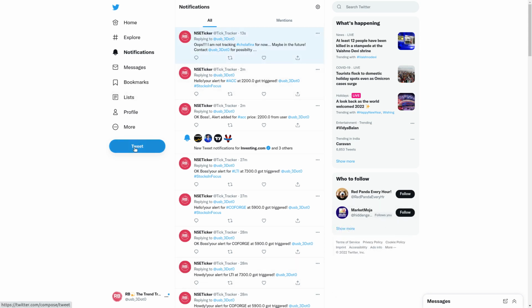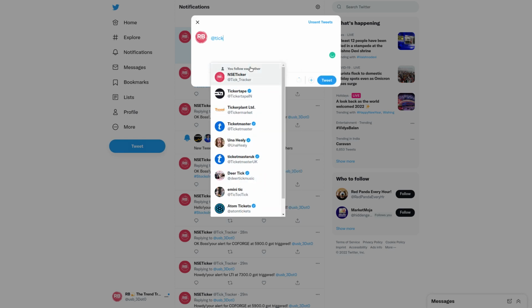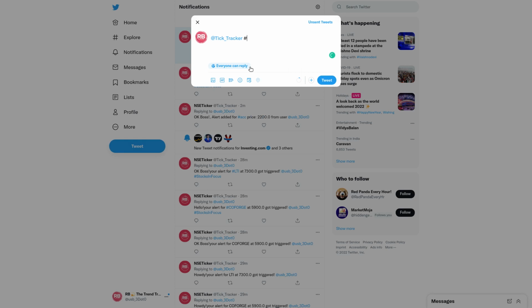And in this way you can always be sure whether this particular alert was identified and was added into this Twitter app of mine, say NSE ticker. And then when it gets registered, it will automatically trigger.